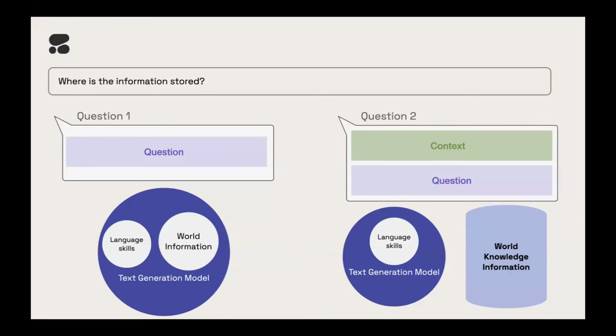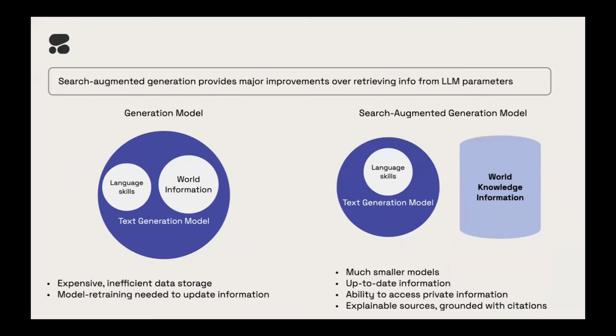And here you get a bunch of different benefits. The information that you're relying on is not the information that is stored inside the model that it got from its training process. You are now augmenting this model with another data source, where the world information is no longer stored in the model. You get many benefits from this, where you can update the information, for example, without having to train the model for another 6 or 8 months until it encodes that information.